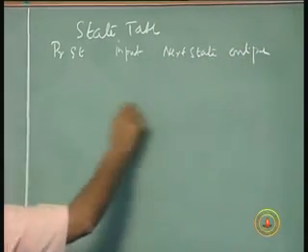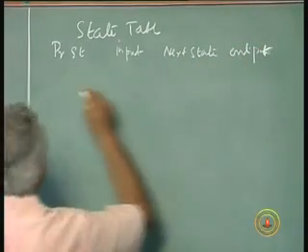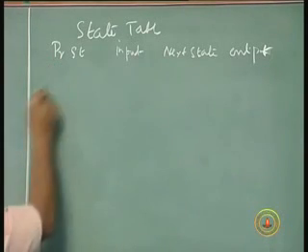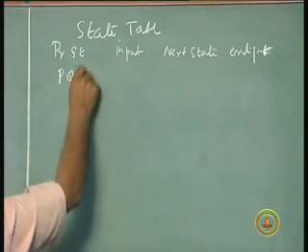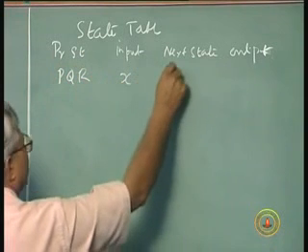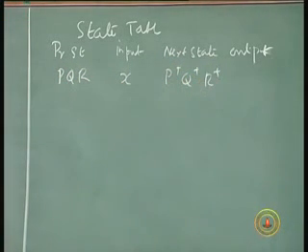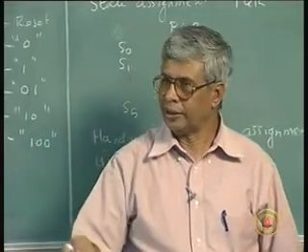Present state values are PQR, ABC, whatever. PQR, next state values. Let us use D flip-flop so that PQR are the same as DP, DQ, DR. For other types of flip-flops, I should have a separate table.